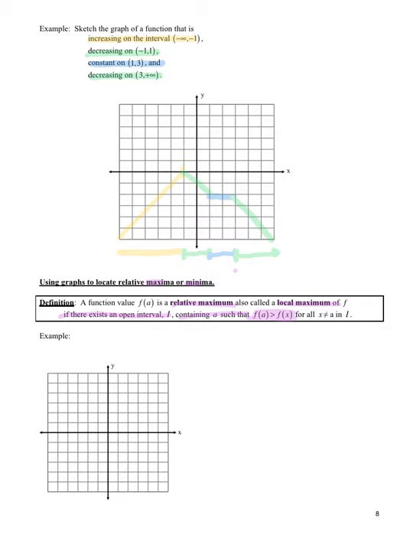Let's say we have a relative max of y equals 3 when x equals 2, on the point 2, 3. My apologies, on the point 2, 3.